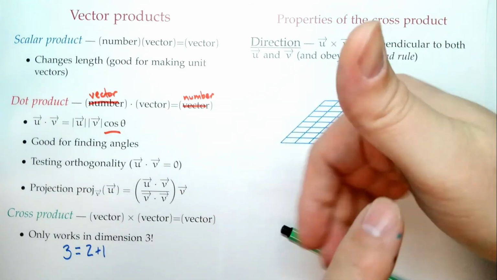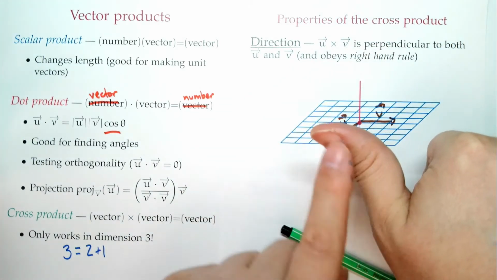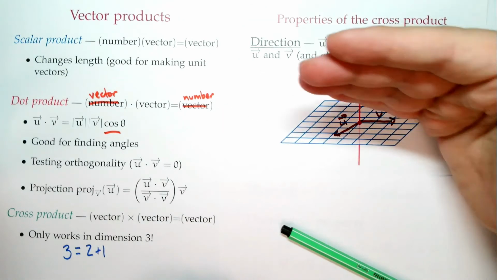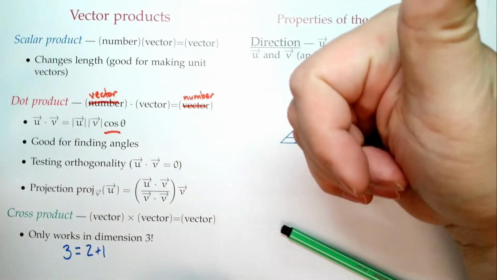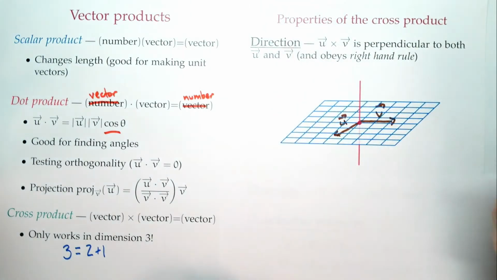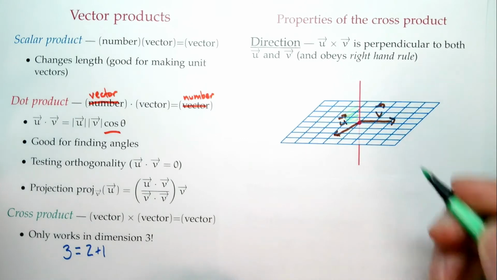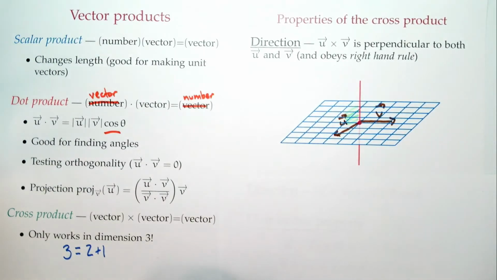And notice, one other part of the hand we haven't talked about is the thumb. The thumb will tell us which way to point. So if I have U and V, it's saying point up. So again, I'll draw a really bad picture here. Okay, so really bad picture coming in.